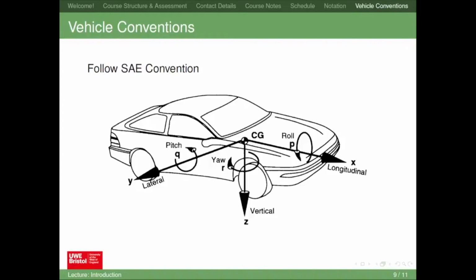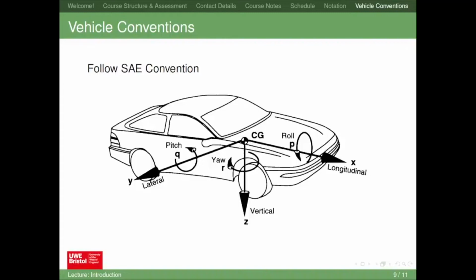Like I said, the SAE say that the origin is at the centre of gravity. The thing about that, though, is the centre of gravity can move around, so some car manufacturers actually use a different origin point. In my past, I was doing some research involved with BMW as a manufacturer, and their designs always put the origin of their coordinate system at the centre point of the front axle, which doesn't move.